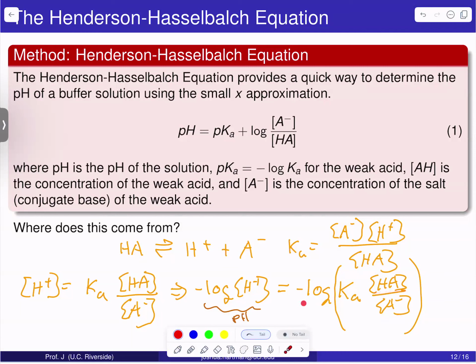Well, you could change this minus log of the Ka times this ratio into minus log of the Ka, which is just pKa, and then take plus log of the inverted ratio to give you the plus A minus over HA concentration. So a little bit of algebra there from what we already are very familiar with, writing out equilibrium constant expressions.